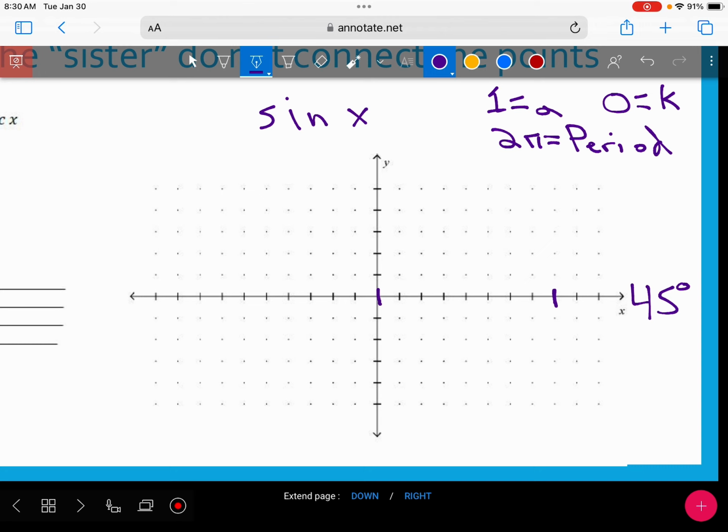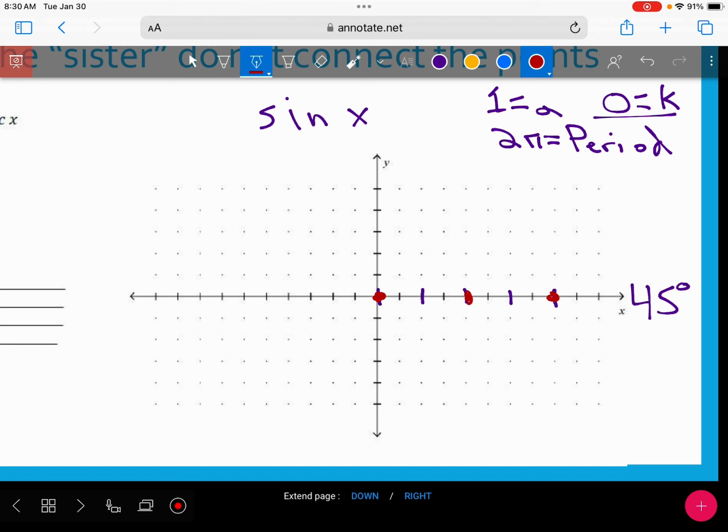From there, we take the middle, and the middle of the middles, and those are going to be my 5 points for sine. Remember, sine starts on the midline, and here, because there's no vertical shift, that midline is just going to be at y equals 0. Our k is just 0. So our points at the beginning, middle, and end are all going to be at 0.